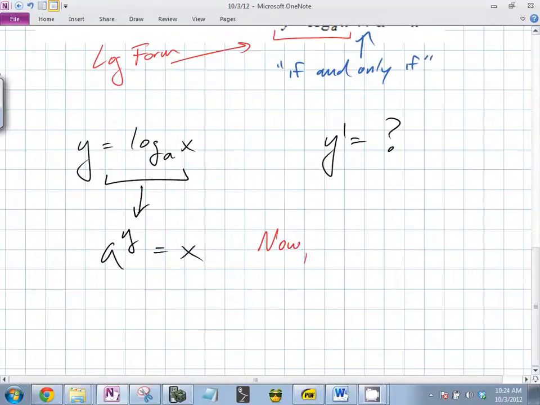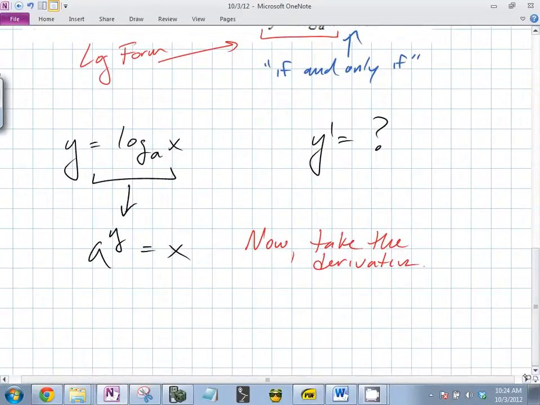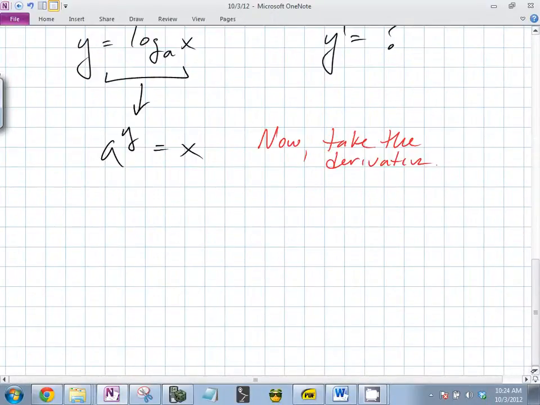Now we're going to take the derivative. Absolutely. What kind of differentiation do we need to use? Implicit differentiation. What's the derivative of the left? ln a times a to the y times y prime is equal to what? 1.